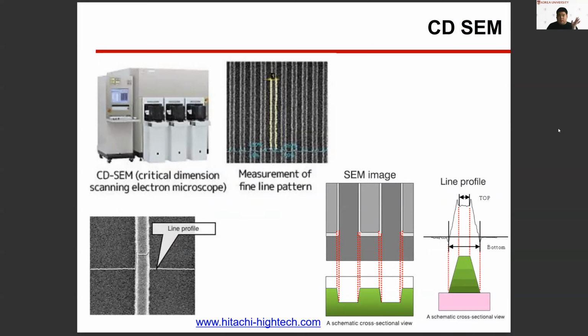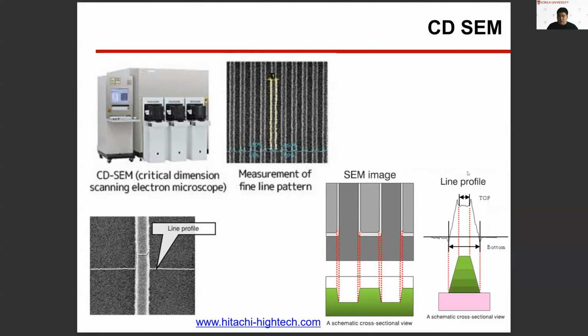To check the product after the lithography process, we usually use the scanning electron microscope, also called the SEM device. This is one example of an SEM image.